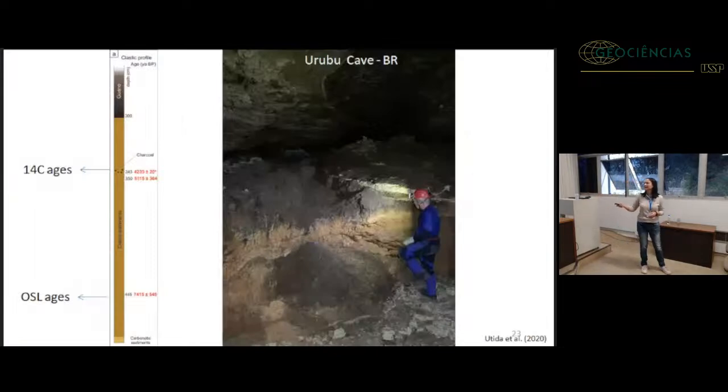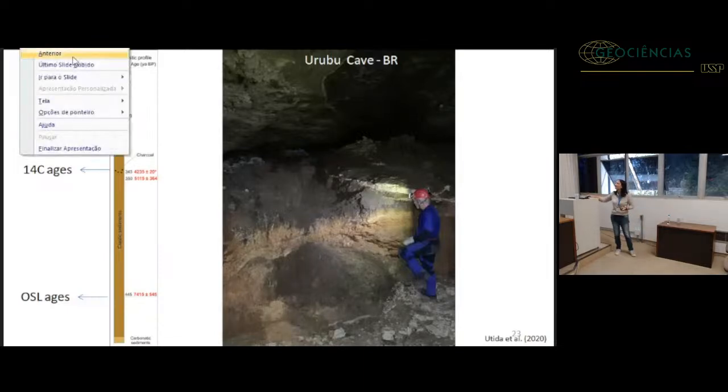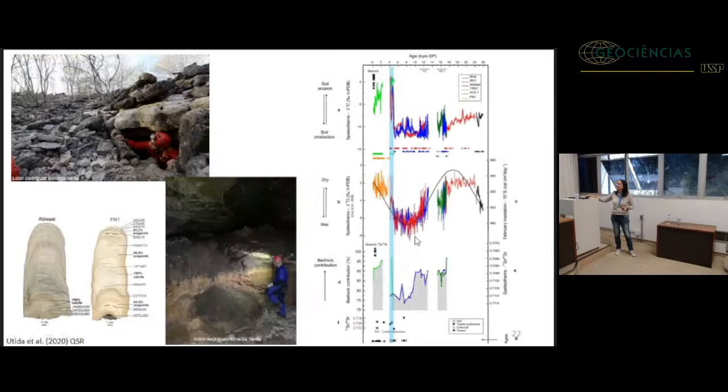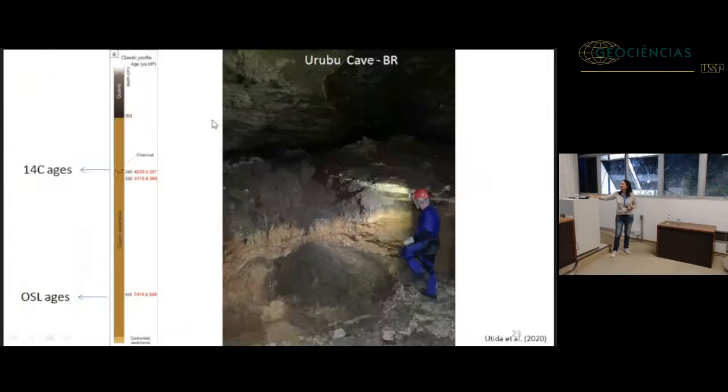So we also dated the sediments and the guano. The sediments had really good ages compared to this version of the stalagmite. The sediment was only there when it was wet, and then the guano just appeared with dry conditions.